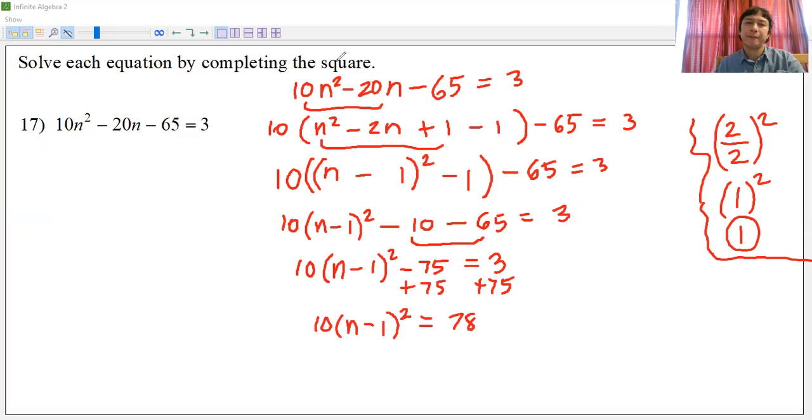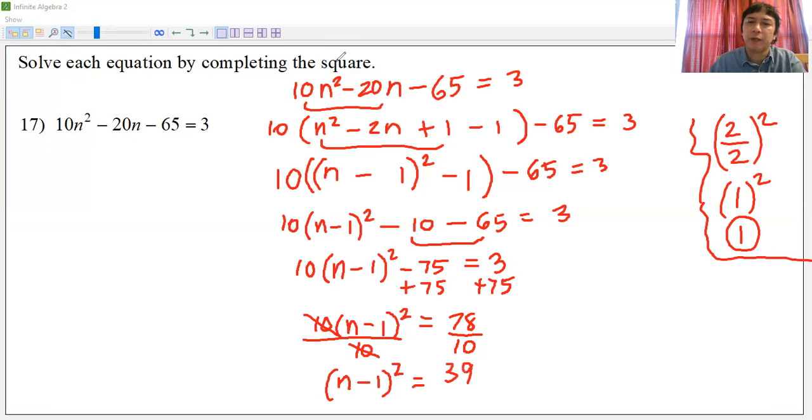Okay, we shall simplify the numbers. We shall divide by 10. Divide by 10, divide by 10. So 10 cancels out. We now have n minus 1 squared. The 78 over 10 is reducible to a lower fraction. 78 divided by 2, how much is that? 39.